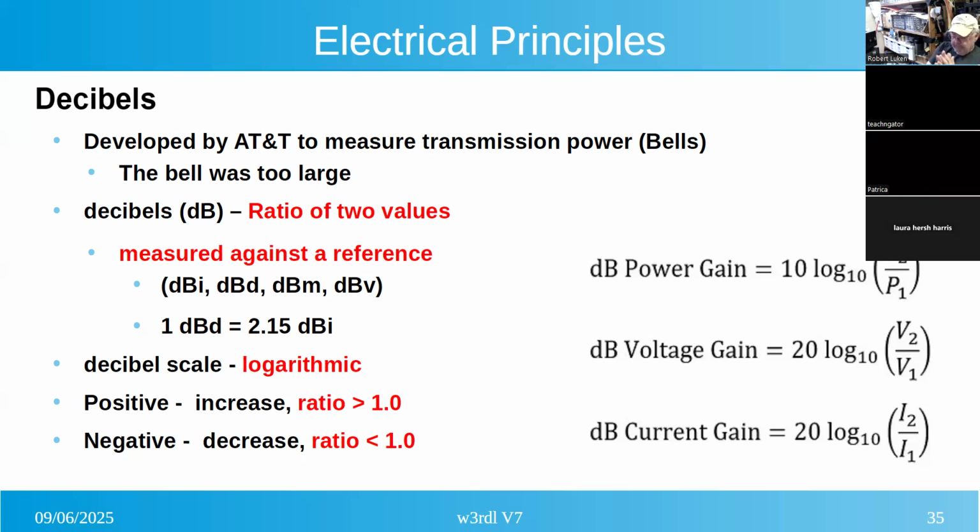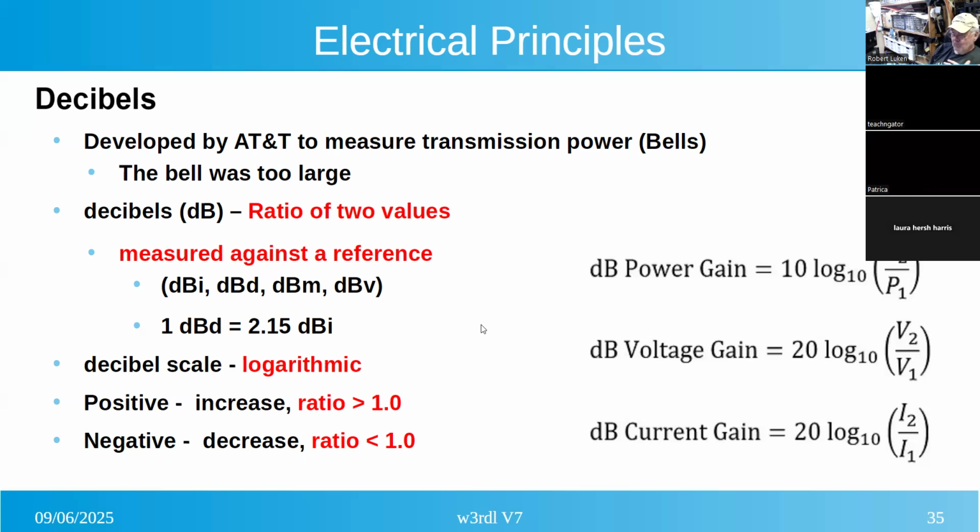You can't really build one. A dBd is a physical dipole, which we'll talk about when we talk about antennas. That's kind of the most basic antenna, a dipole. So any questions on dBs?